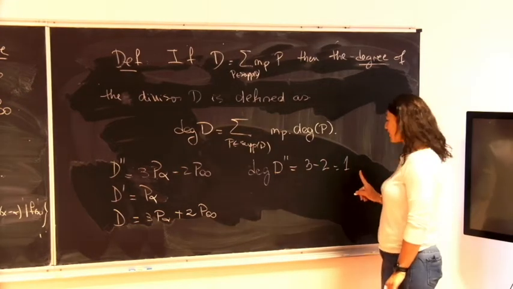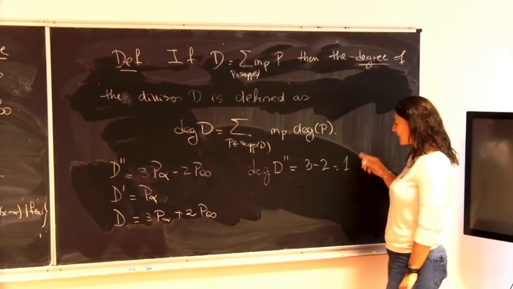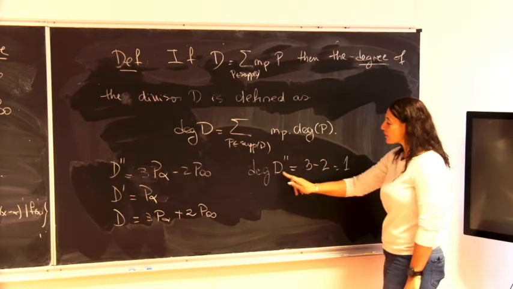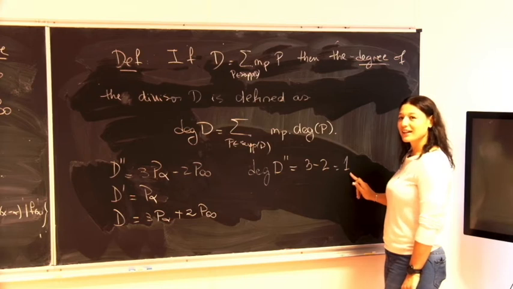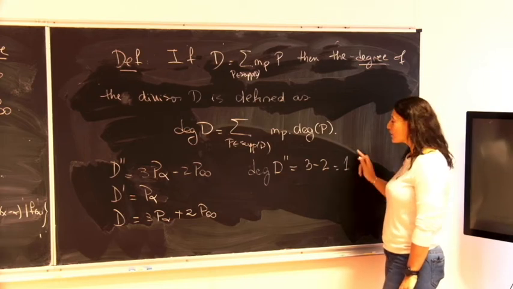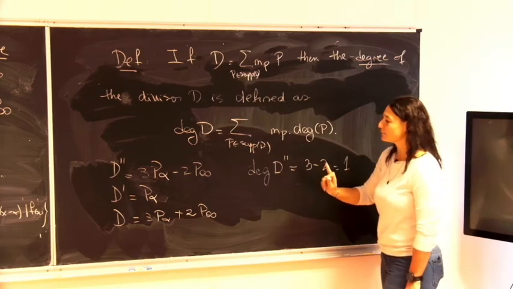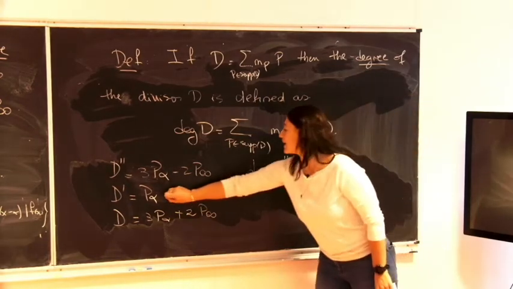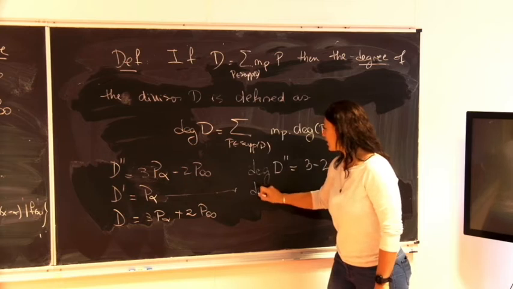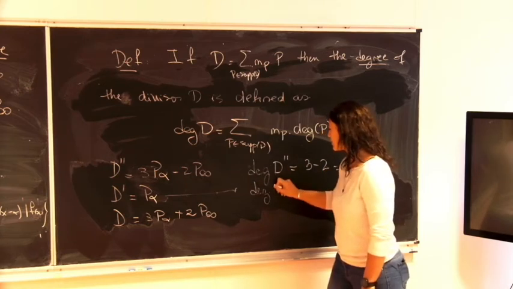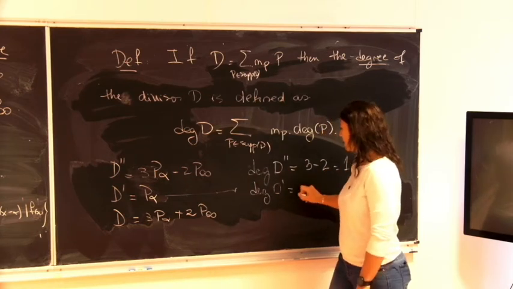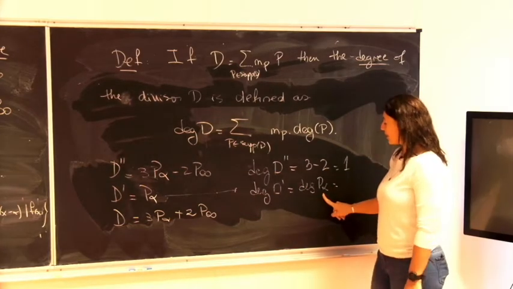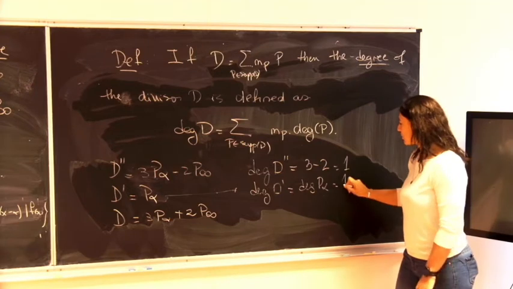And take note of this: divisors of degree 1 do not need to be prime divisors. So, for example, in this case, the degree of this divisor is the degree of this place, which is a degree 1 place, and this is 1.